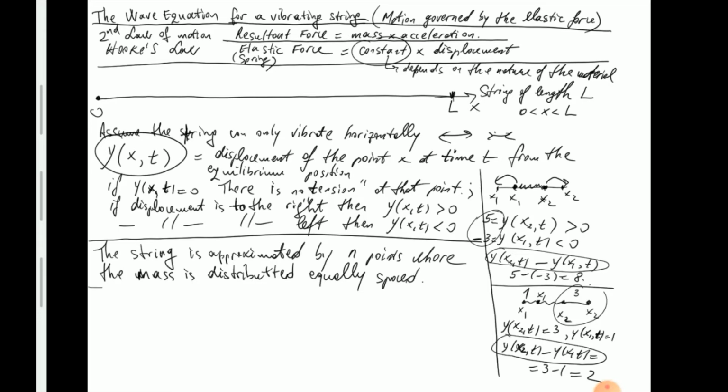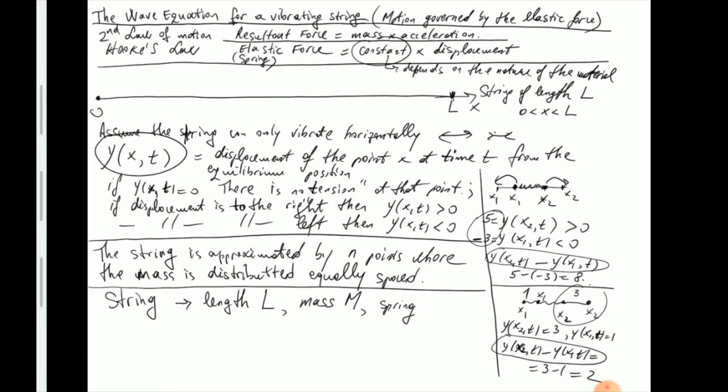So to start with, the overall string, the original string, has length, as I mentioned before, L. Let's say also it has the mass given by big M, and the spring constant, which comes into Hooke's law, big K, and let's say that's constant for the entire spring.